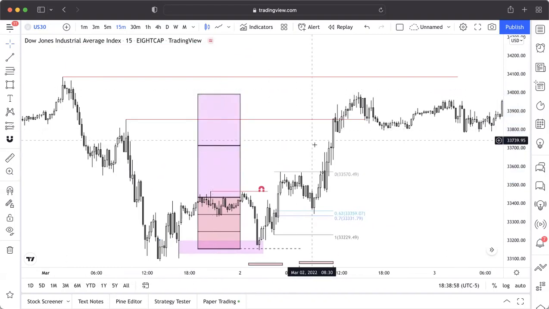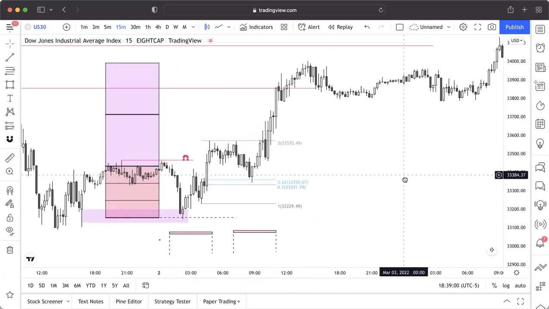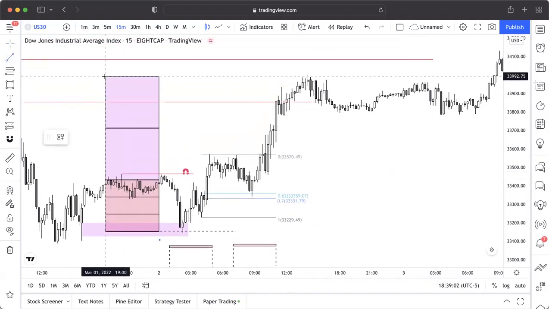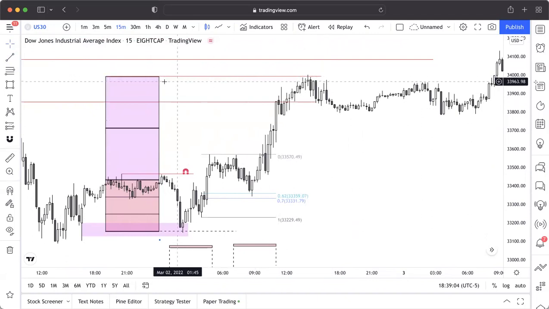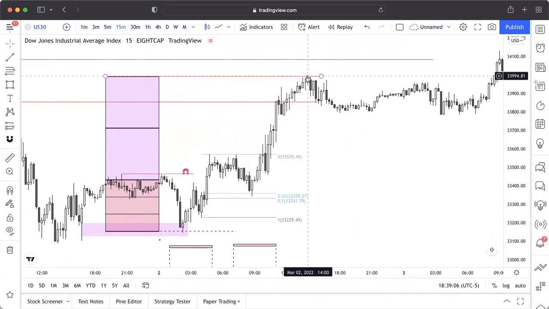Right there. So you can even target these. See that? 2 standard deviations, that's your trade.